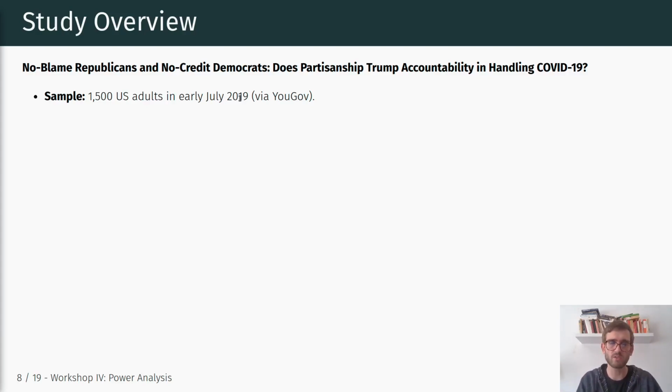Some European countries were hit much harder early on and had higher deaths per capita, so in comparison at that time the US was not doing so poorly, right? So we wanted to leverage this variation by framing the performance of the US government in handling COVID-19 by showing different comparisons with other countries.